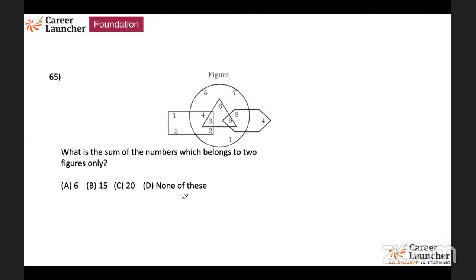This one: what is the sum of the numbers which belong to two figures only? This is a good question again. Two figures only. Very good, Satyavrat. Very nice, Abhinanda.